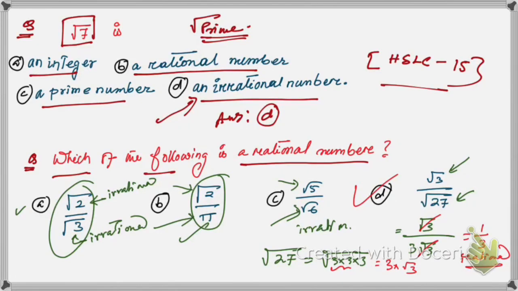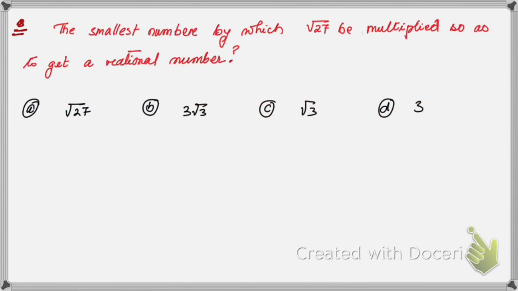And remember, this one was also asked in HSLC 2018. So now let's go to the next question. The smallest number by which root 27 must be multiplied so as to get a rational number.